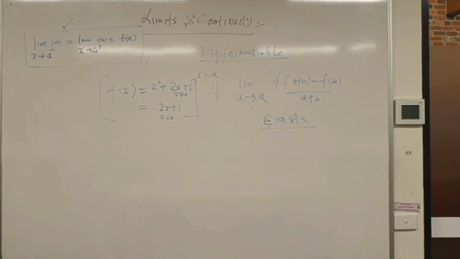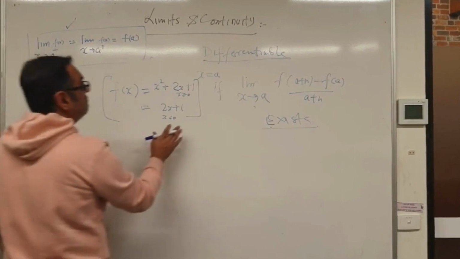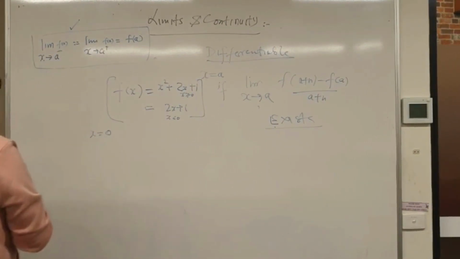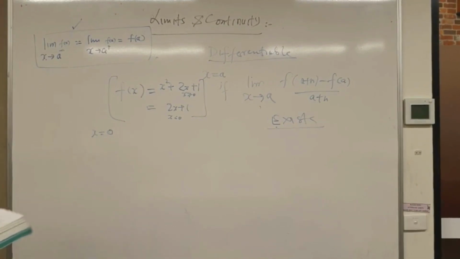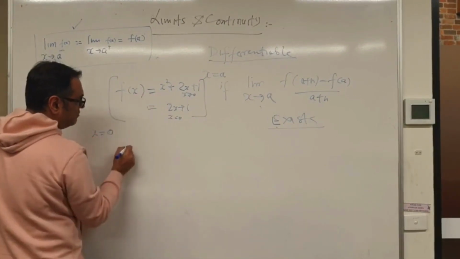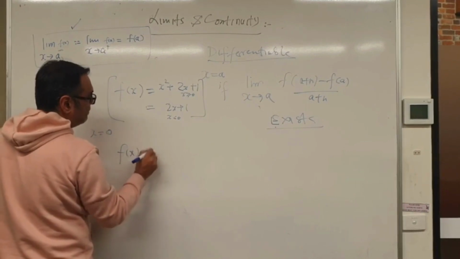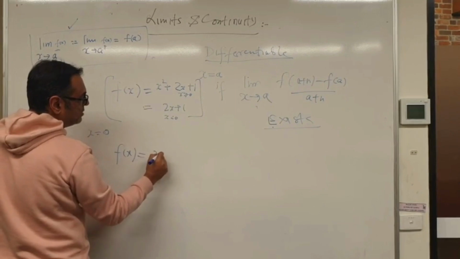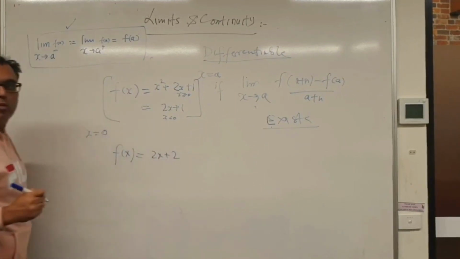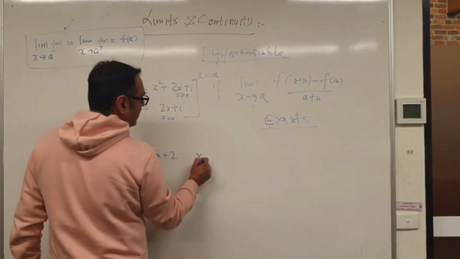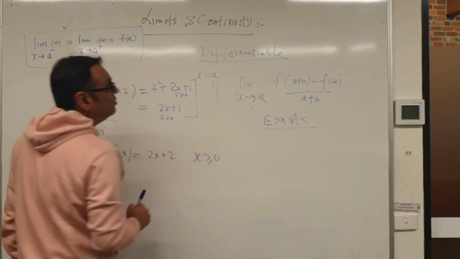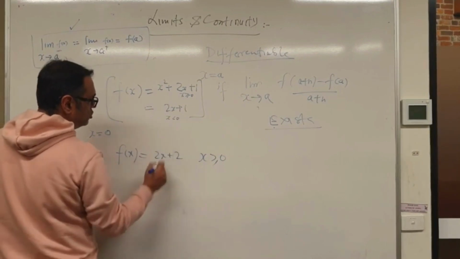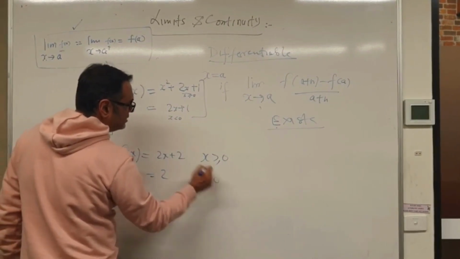Now, if I were to find whether this function is differentiable at x equals 0 or not, first things first, you find the differential of this function. So the differential of this will be 2x plus 2, condition x greater than 0. And for this one, it was 2 for x less than 0.